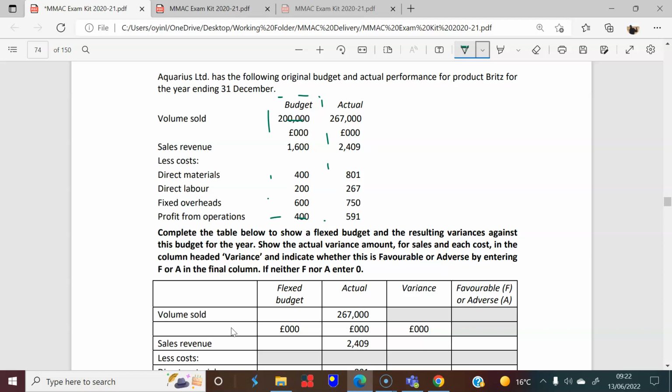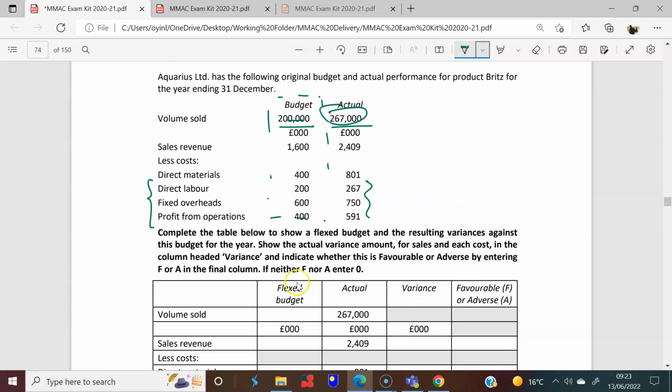We can't judge the people working in the factory based on the production of 200,000 units with the actual 267, because naturally you would expect them to use more material for 267. So to really have a good comparison, we need to know what they should use for making 267 versus what they did use in making 267.